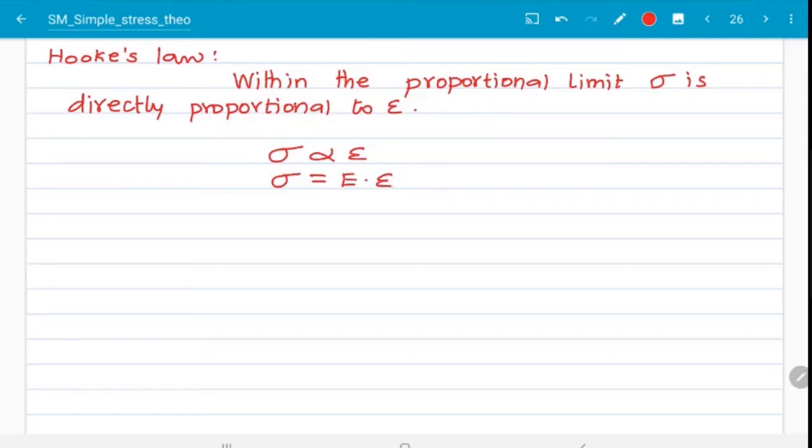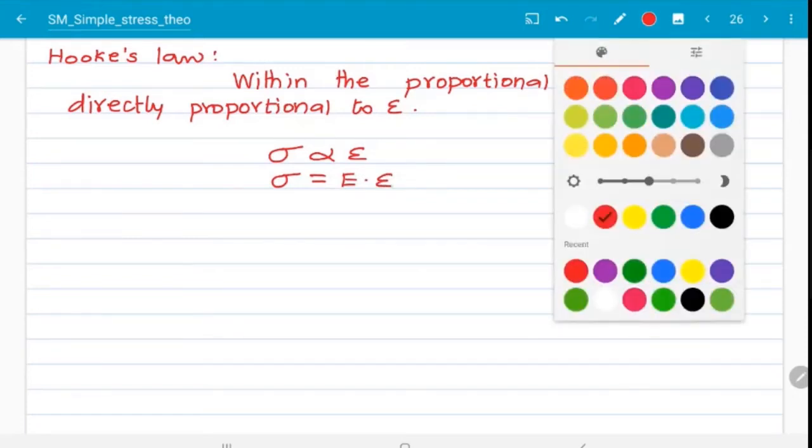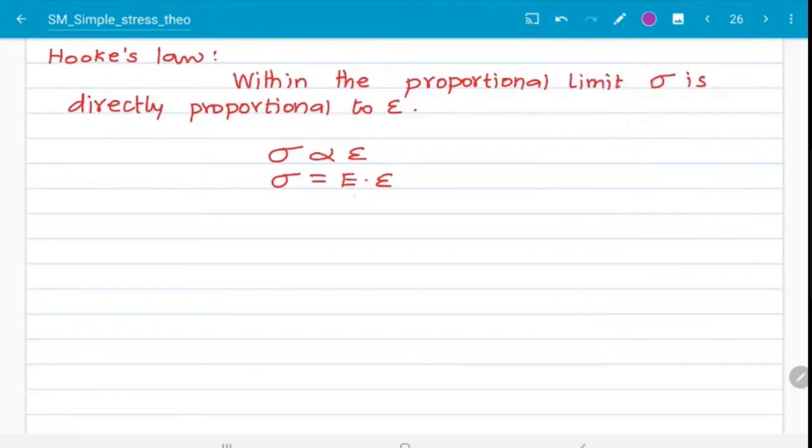So the proportionality constant is Young's modulus or modulus of elasticity. Okay, so it is a material property. Right. So E is a material property.